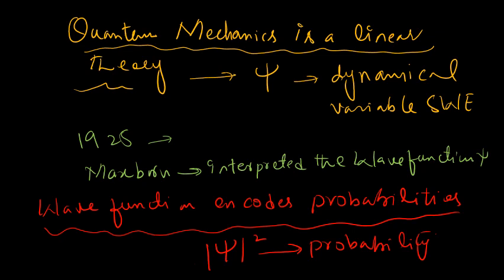In quantum mechanics, solutions can be added to form a new solution. A wave function depends on time and may also depend on space. The Schrödinger equation is a partial differential equation, and it takes the form like this.